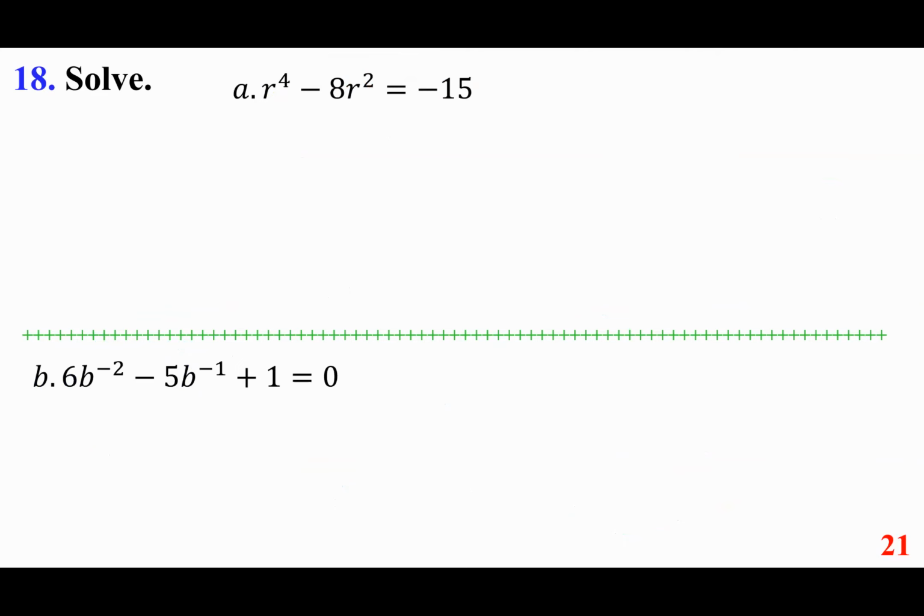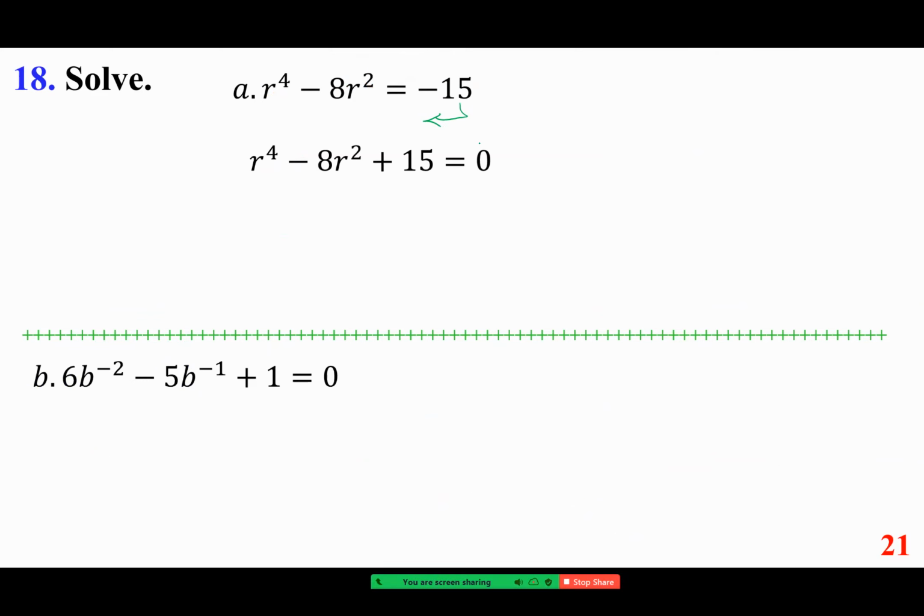All right, we are going to continue with either substitution or just the way it is. First and foremost, for part A, I'm going to move negative 15 and make it positive 15 on the other side. The second is, if I want to use factoring just the way it is, please understand that r squared times r squared is r to the power of 4.